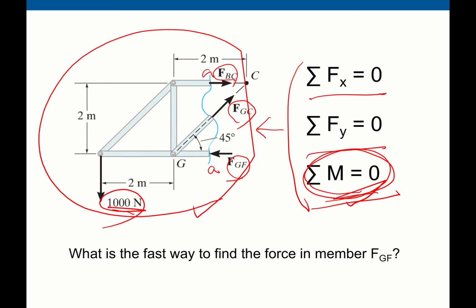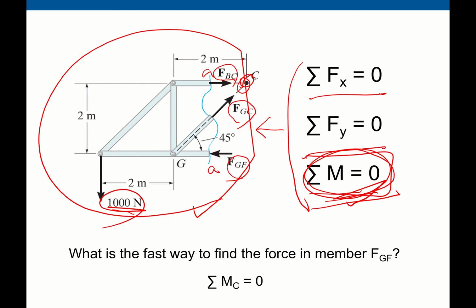So how to find the GF directly? If I were you, I would choose the moment at point C. If you take the moment at point C, this one creates rotation, and this one should be clockwise rotation, because that's how we can satisfy this equation, sigma moment is equal to 0.